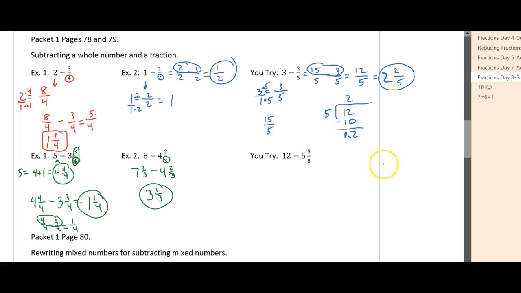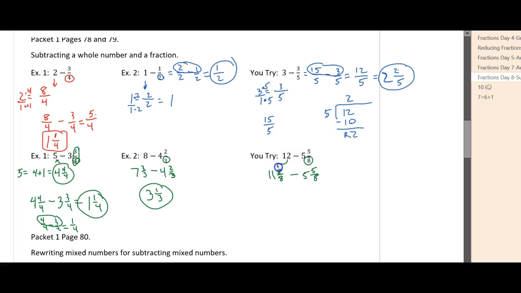Okay? Next, I'm going to rewrite. I want you to try this problem and come back and check your answer. So 12, we're going to rewrite as 11, and I'm going to use 8 over 8 minus 5 and 5/8.